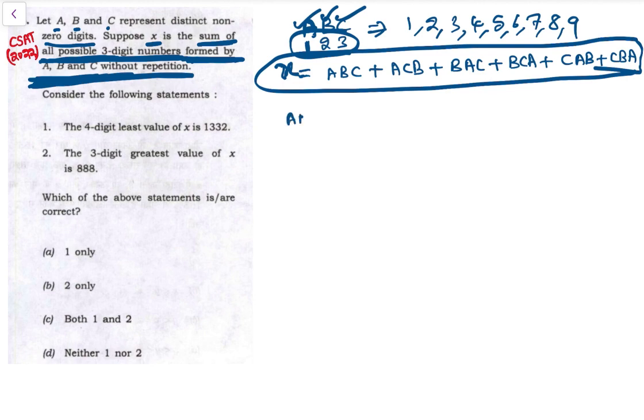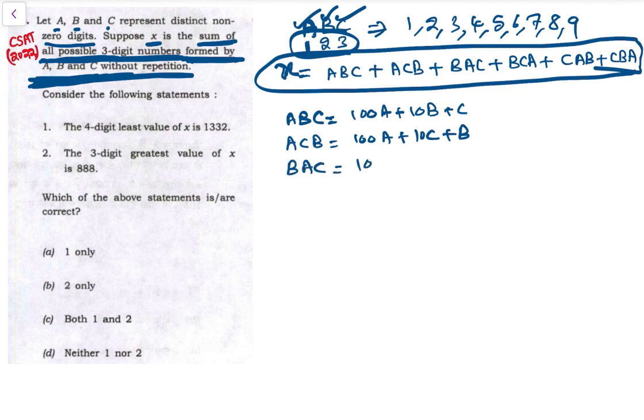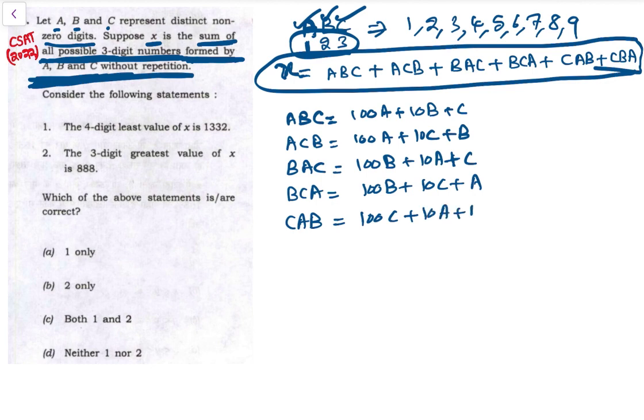So now we know ABC is equal to 100A plus 10B plus C. Then ACB is 100A plus 10C plus B. Then BAC is 100B plus 10A plus C. Then BCA is 100B plus 10C plus A. Then CAB is equal to 100C plus 10A plus B. Then CBA is equal to 100C plus 10B plus A.